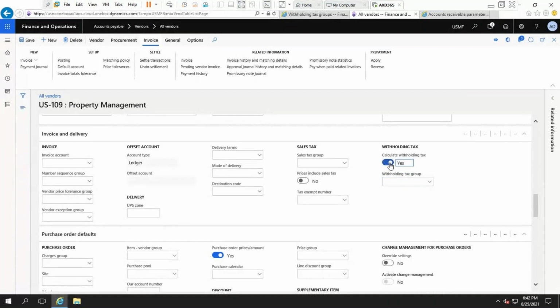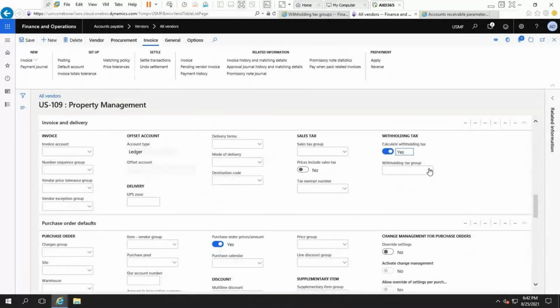In advance you need to map it. For this vendor account I have mapped withholding tax. This is a service provider. Some services he is providing, managing my property, and for that he is charging some amount. Suppose he has given an invoice.